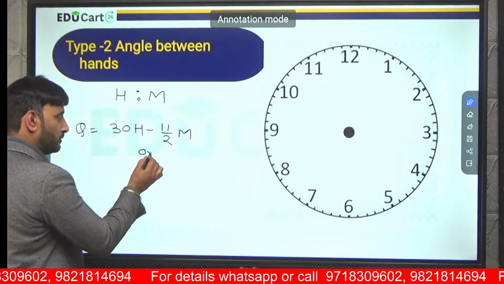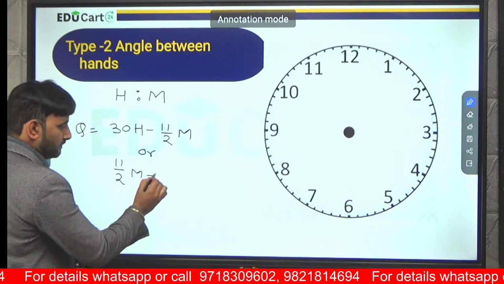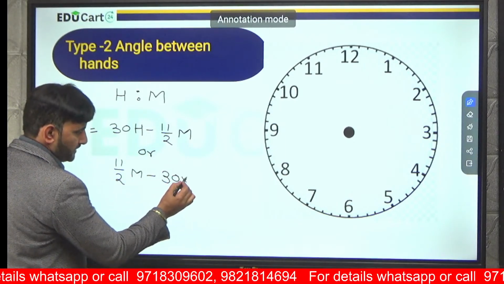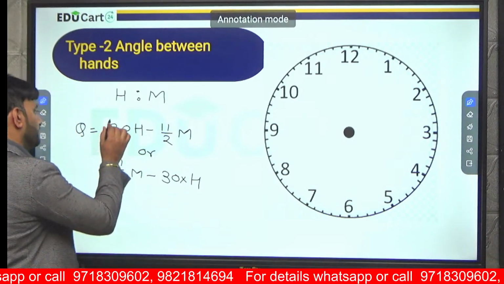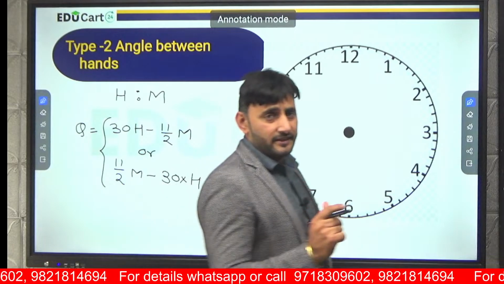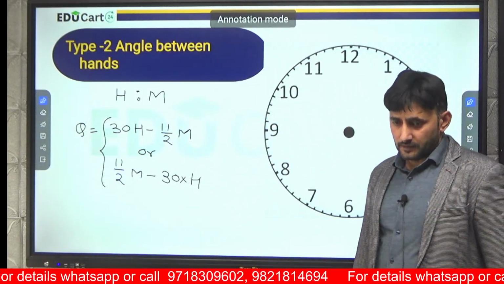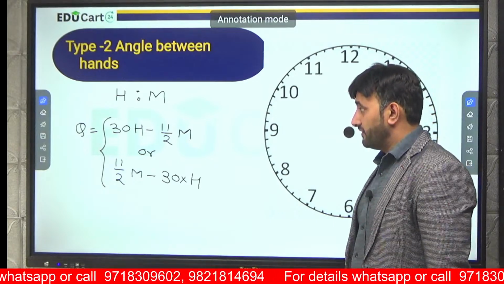Or you can do the reverse, 11 by 2 m minus 30h. Both formulas give the same answer, only there is a difference of sign.